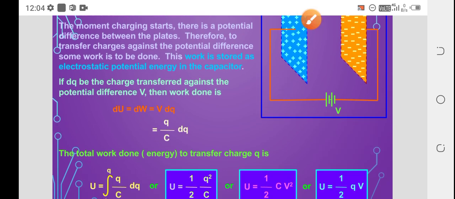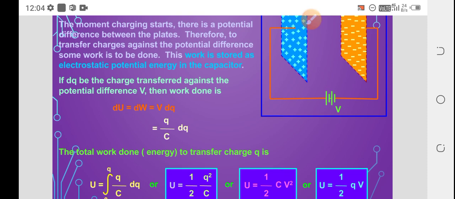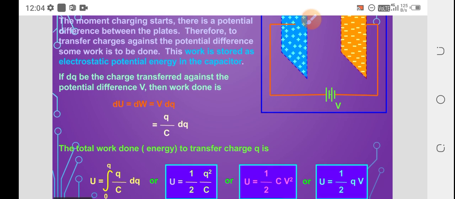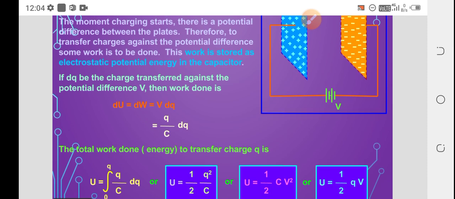Therefore, to transfer the charges against a potential difference, some work has to be done.